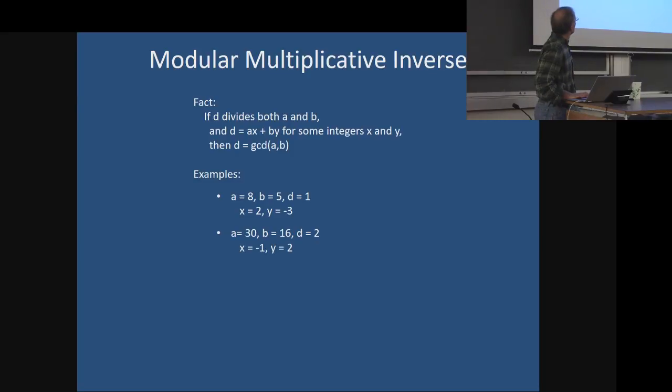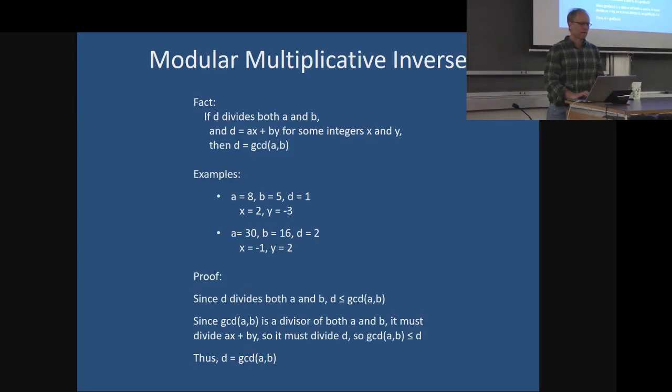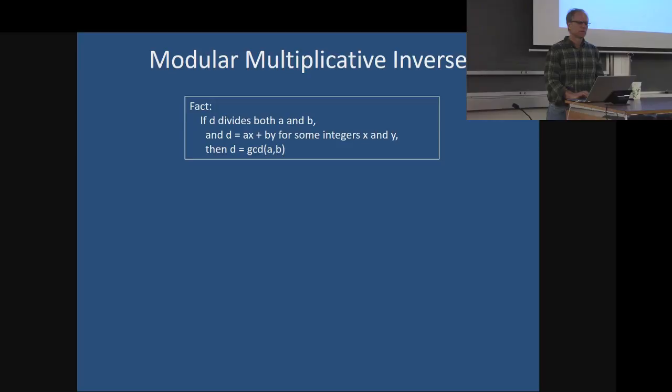Positive 1 and negative 2 would give you a negative answer. Okay? There's a proof, but I'm going to skip it. So that's the key fact, and we're going to use that fact to come up with an algorithm. So we'll stop here, and next time we'll take this fact and build our algorithm for computing multiplicative inverses.